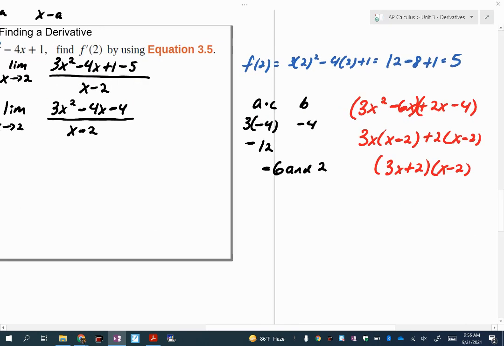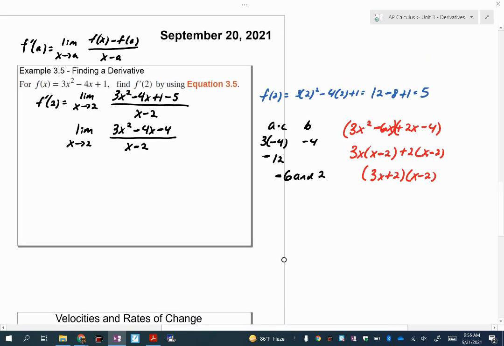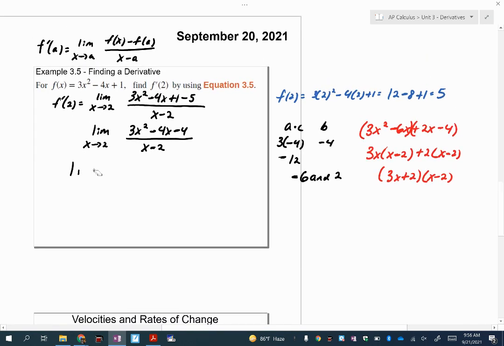All right, so replace that in the numerator. So the limit as x approaches 2 of 3x plus 2 times x minus 2 over x minus 2.